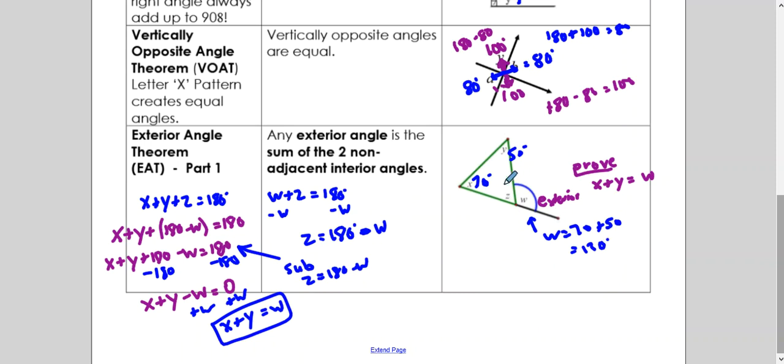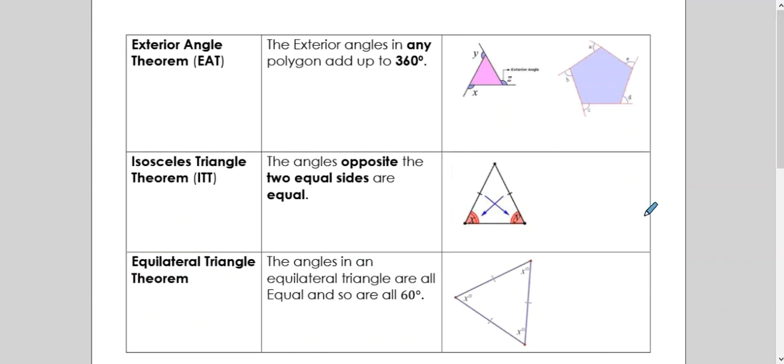But you could say z is 60, then 180 minus 60 gets the 120. It works both ways. So that's what that means. The two inside angles, there's my interior. Those interiors add up to the exterior angle of the other one. All right, let's take a look at one.